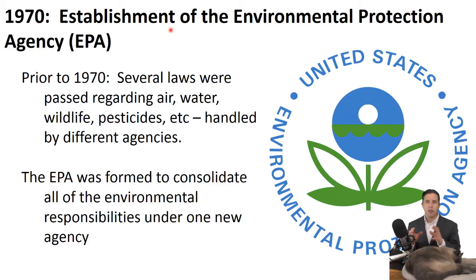So this is an agency that's designed to be in charge of all these environmental problems. Okay, so prior to 1970, there were a bunch of little laws, some regarding air, some with water, some with wildlife, and they were taken up by different agencies, and the EPA was supposed to head all of those things, okay, consolidate all those different laws. So that happens in 1970.